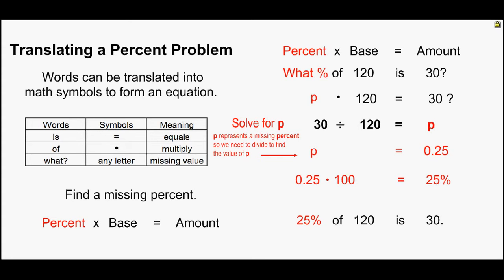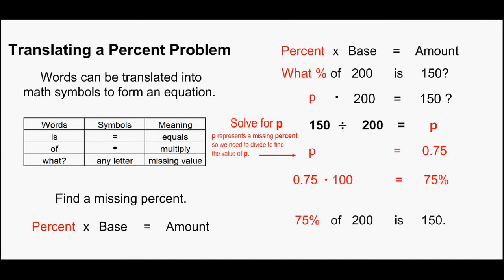We will use division. 30 divided by 120 equals P. P equals 25 hundredths. 25 hundredths is the decimal form of the percent. We will multiply this by 100 and attach the percent symbol to get 25%. 25% of 120 is 30.